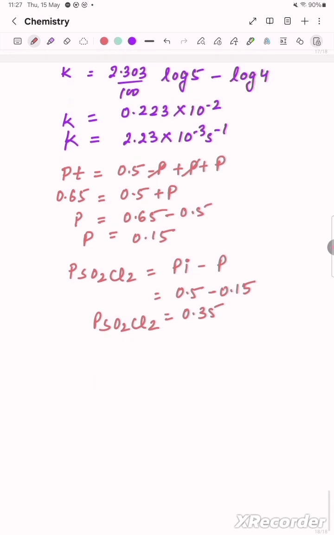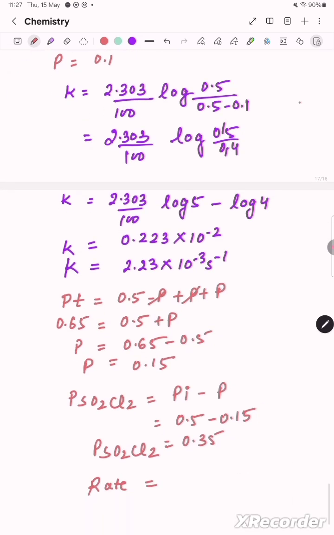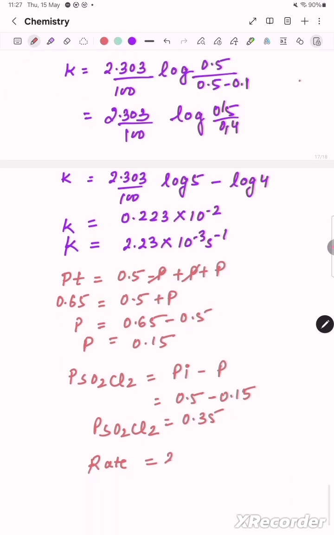Putting this value here, rate is equal to K, which we calculated as 2.23 times 10 to the power minus 3 per second, multiplied by the pressure, which we calculated as 0.35.